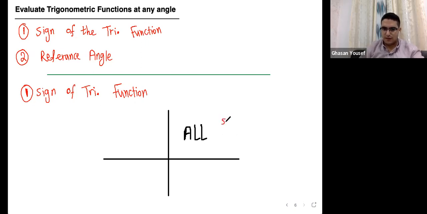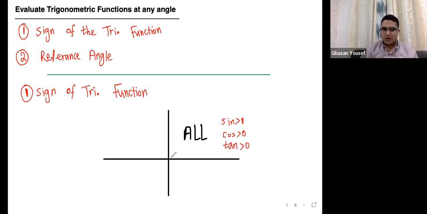Here the sine, cosine, and tan are positive. Why? Because the positive x-axis and the positive y-axis, both of them are positive. That's why the sine, the cosine and the tan, all of them are positive.